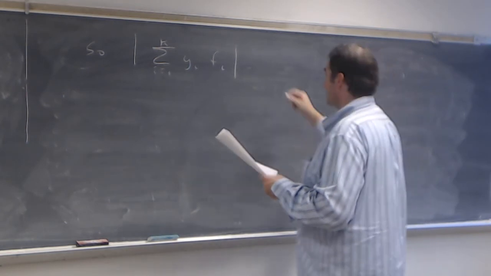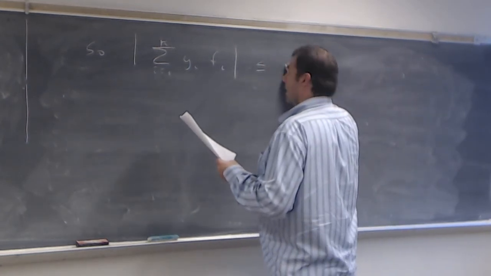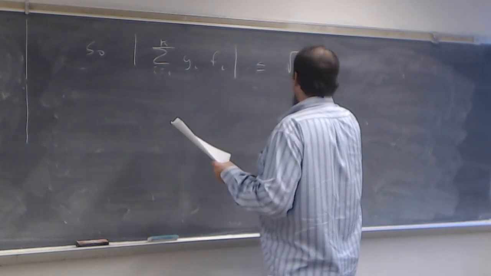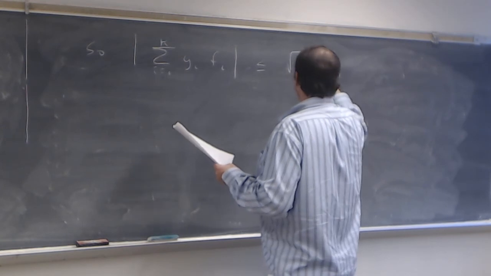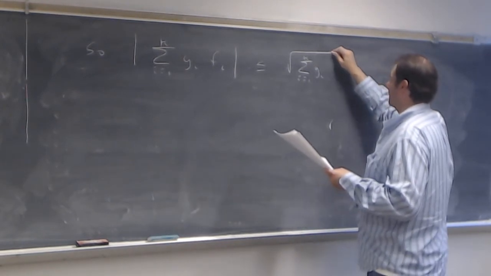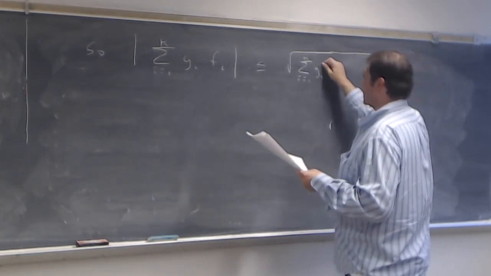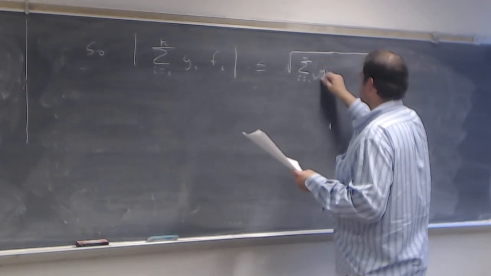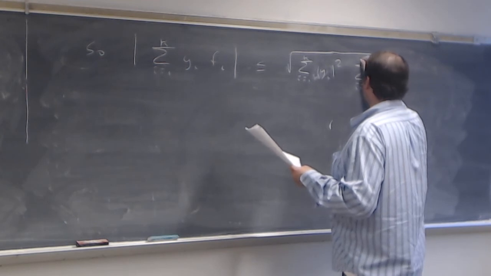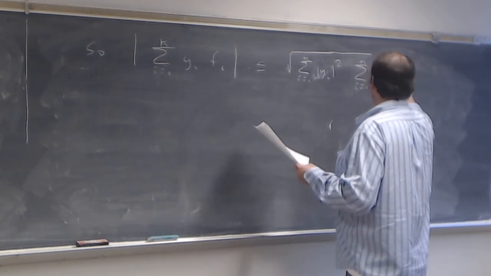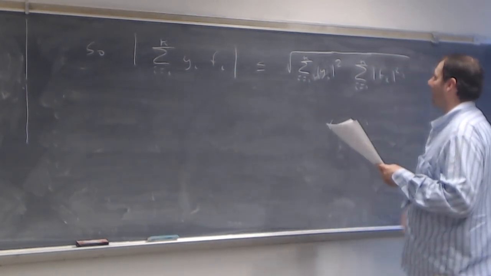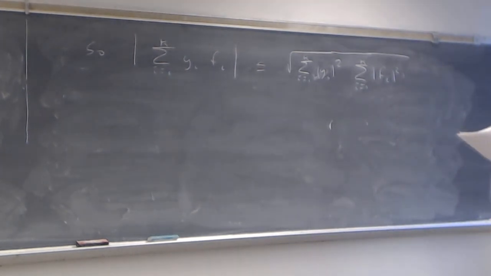That's going to be less than or equal to, so this isn't being squared, the square root of the sum as i runs from 1 to k of the norm of y sub i, squared, times the sum as i runs from 1 to k of the norms of the f sub i's, absolute value being squared.